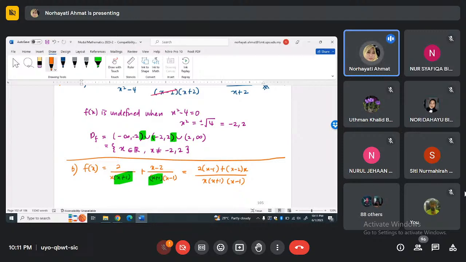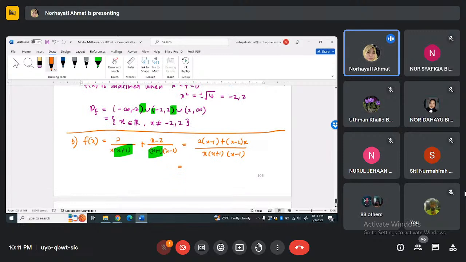Okay, so boleh tak kita simplify? Boleh tak kita simplify kelas? Macam tak boleh kan? Just kita solve the numerator. Okay, numerator we get 2x minus 2 plus x square minus 2x. Okay, denominator is x times x plus 1 times x minus 1.